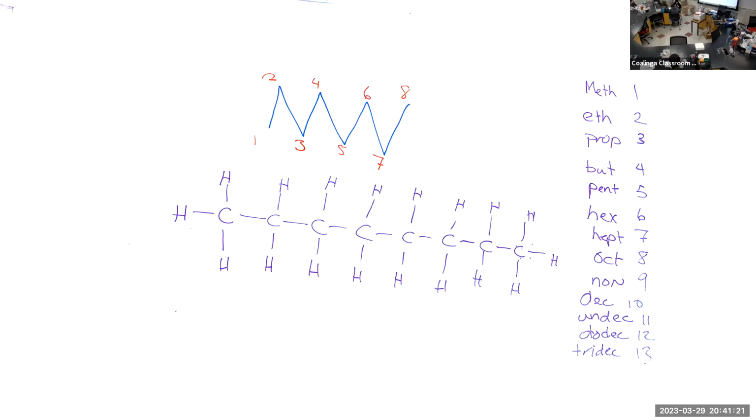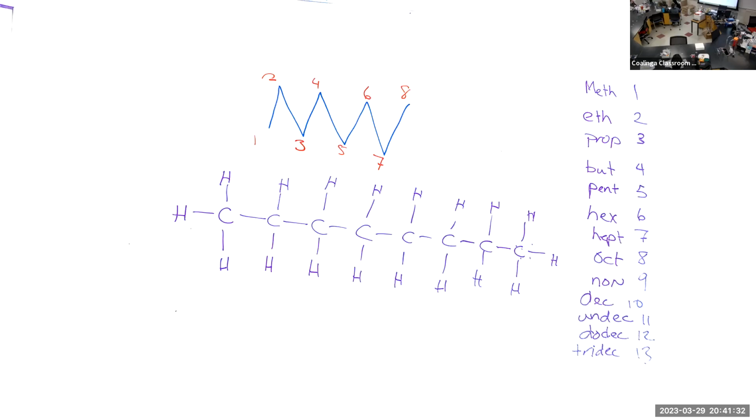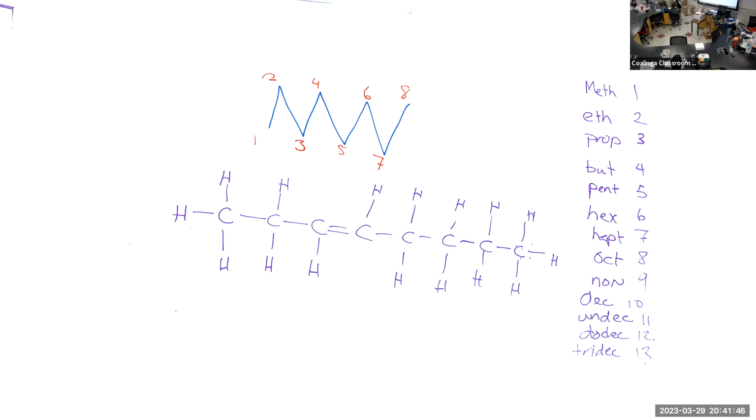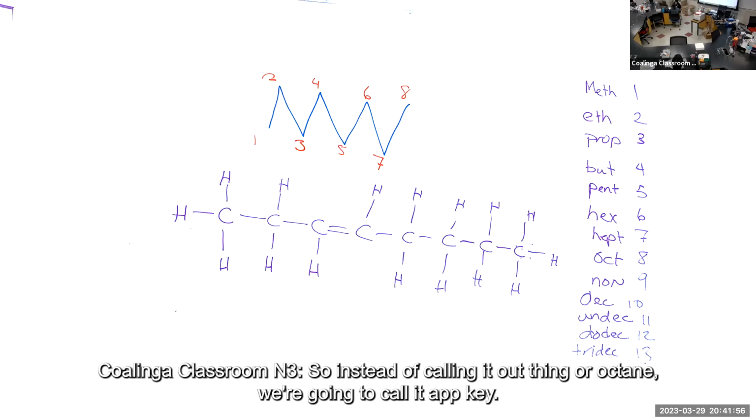So when we have a double bond, just one double bond, okay. So when there's a double bond, 4, 5, 6, 7, 8. Okay, we have one double bond here, right? So instead of calling it alkane or octane, we're going to call it octene.